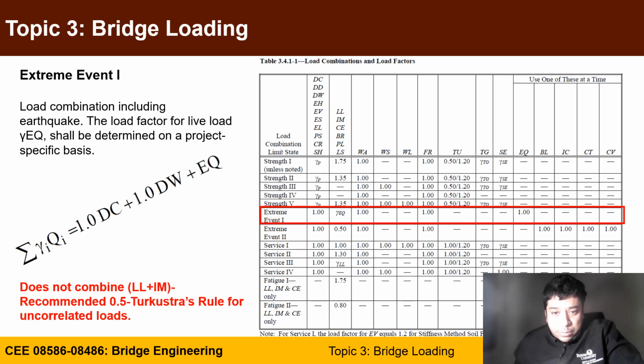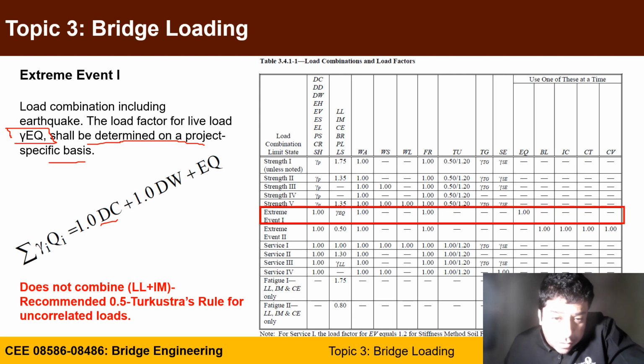If you go for extreme event 1, it is a load combination including earthquake. The load factor for live load is gamma EQ, and it is determined by project-based specification. So it's actually how much percentage of live load is allowed when you do the earthquake calculation. So it's always one for dead load, one for design.